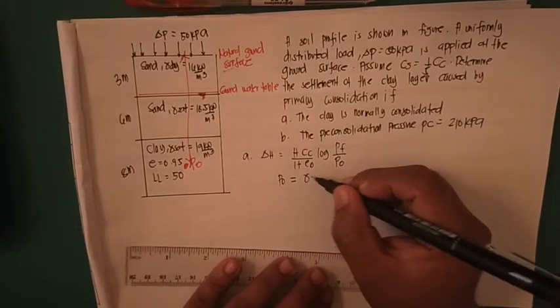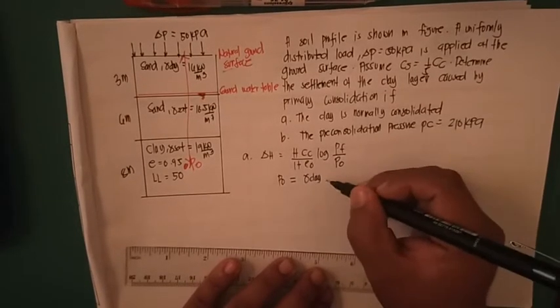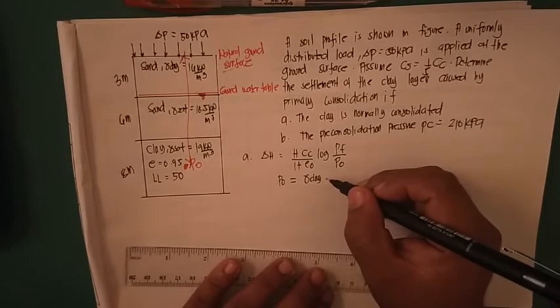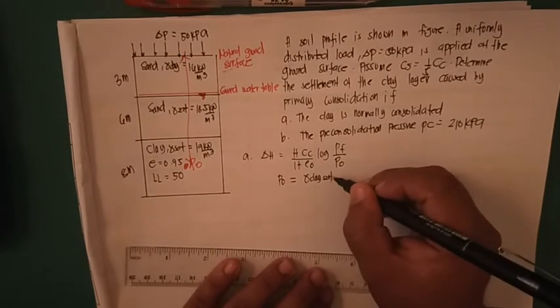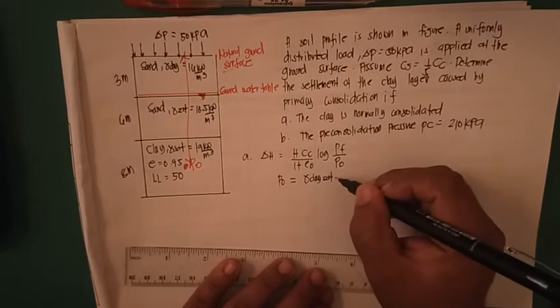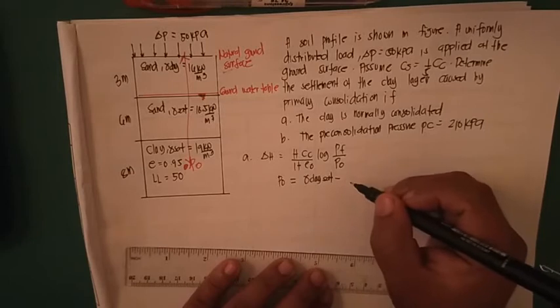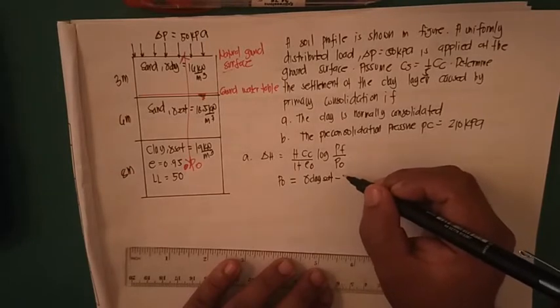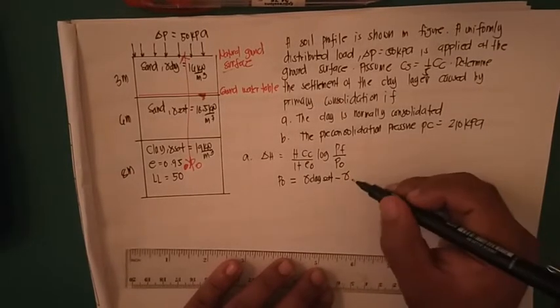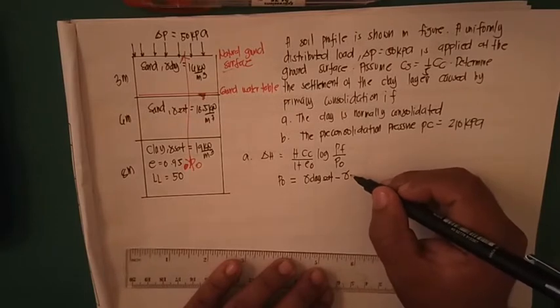So for PO it will be gamma clay sat minus gamma water, right?